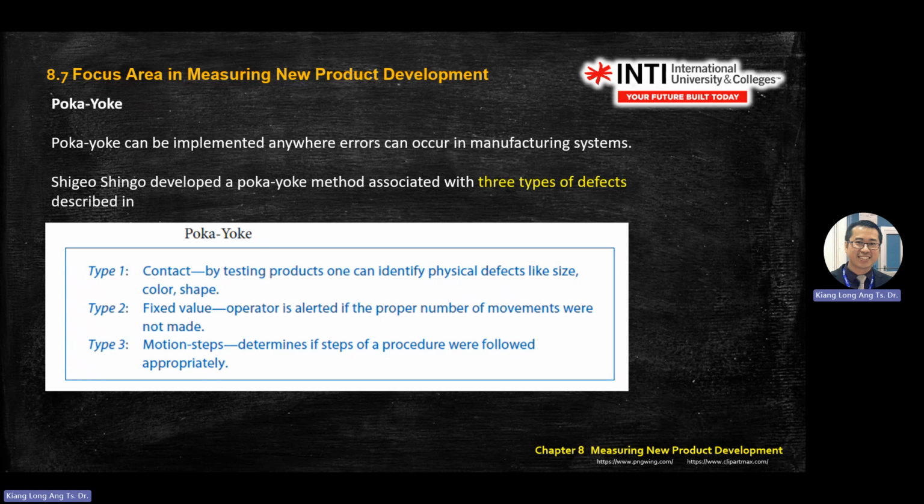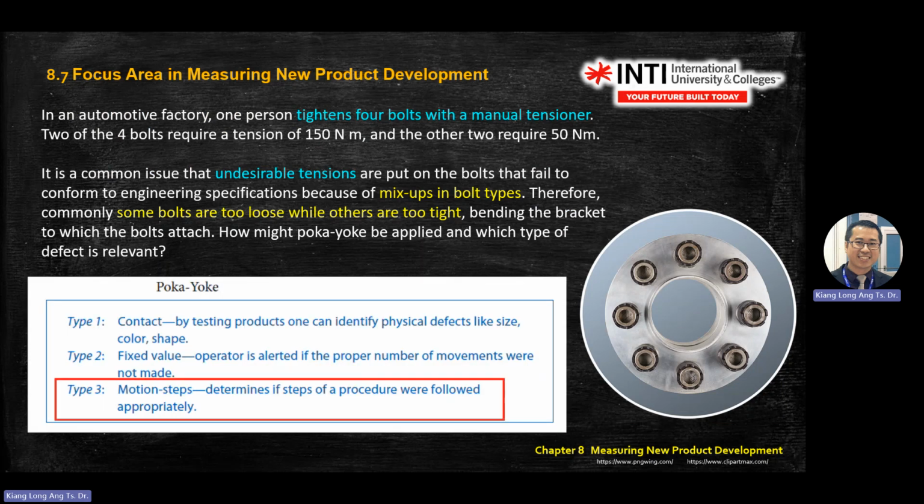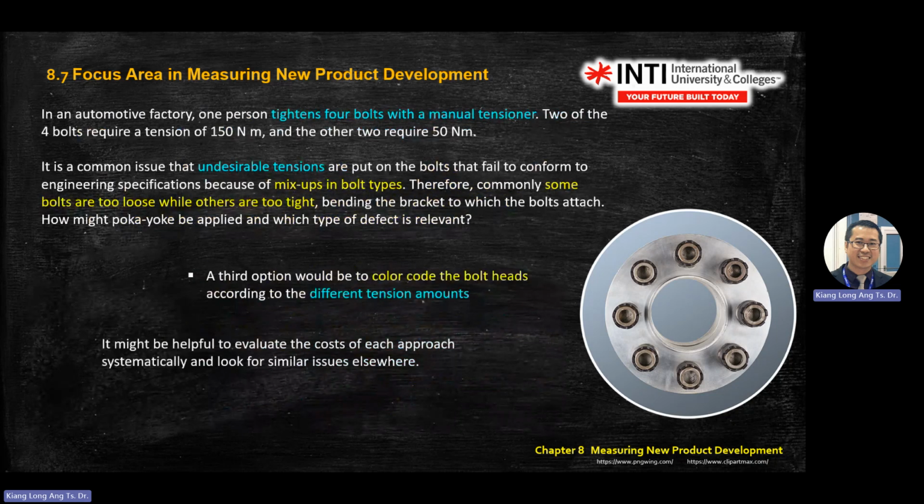If not, then it will reject. Then after that, you are asked for your PIN. If you key in the wrong PIN, it will also reject or it will eat your card. Something like this. Motion steps. So this one you read. Example of using poka-yoke of a screw scenario in a factory. So this one you read.